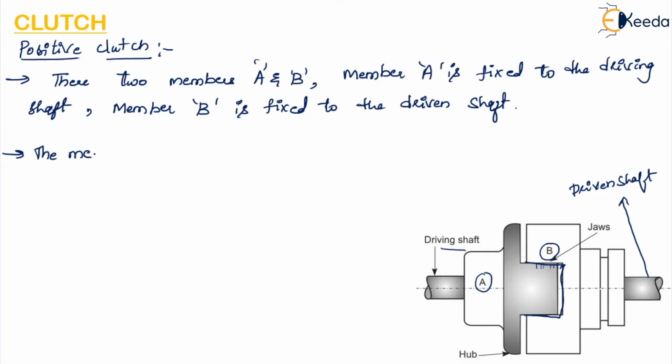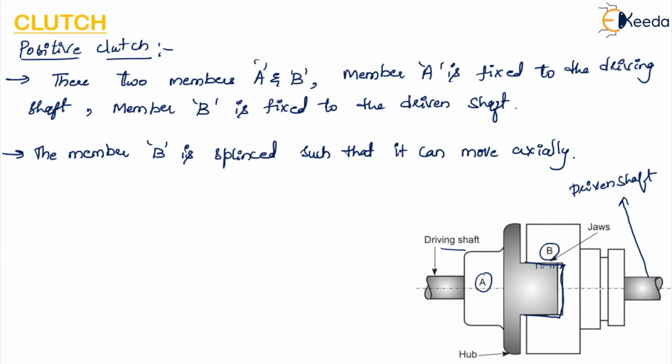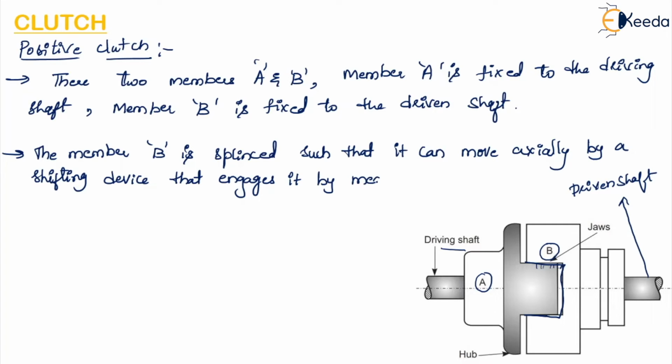The member B is splined such that it can move axially, so it can move along the axial direction by a shifting device that engages it by means of a square groove in the flange.